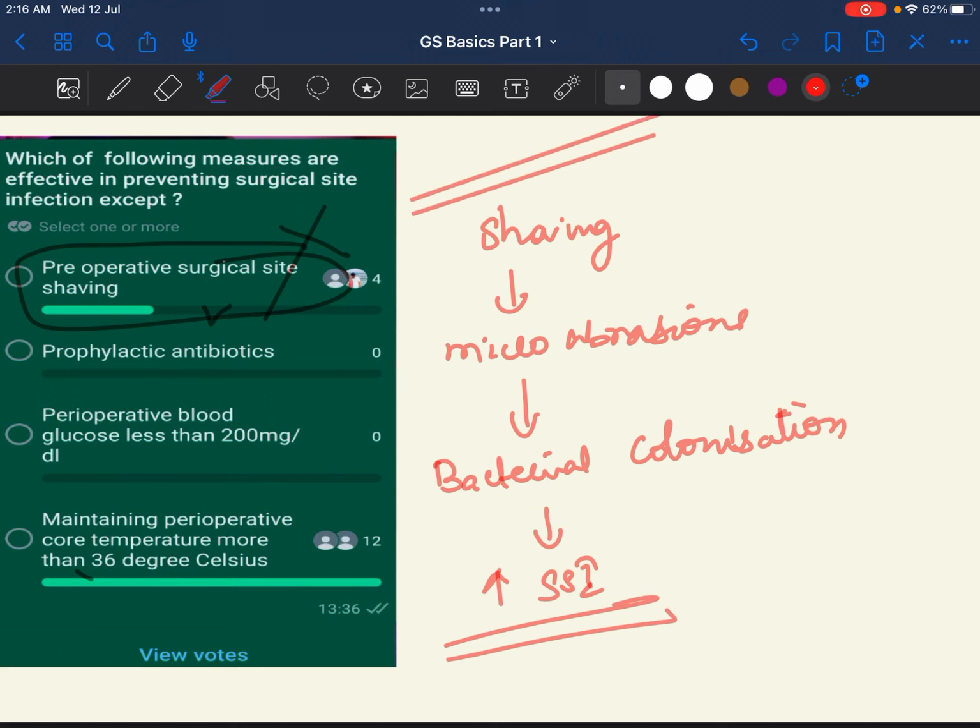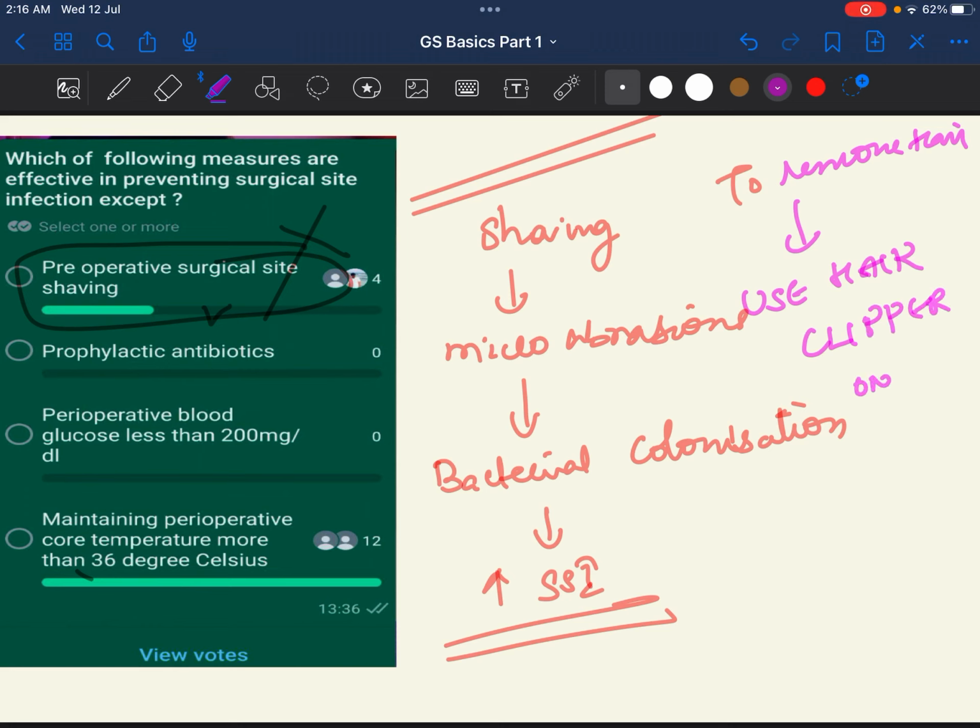Even if you want to remove the hair, use hair clippers, preferably on table. So this option is wrong.